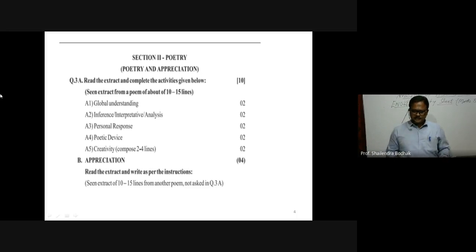What sort of writing skills are going to come, and also we are going to see section 4, that is the novel section. Then we will also discuss what sort of questions will come in the writing skill as well as section 4, that is the novel.